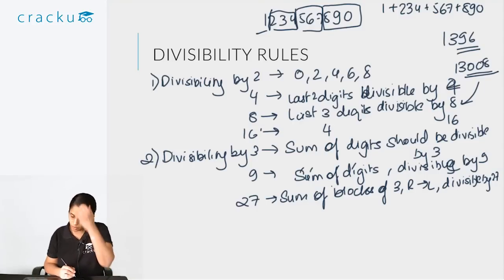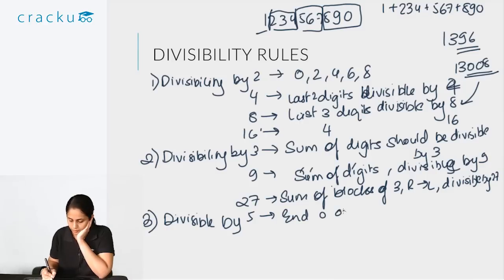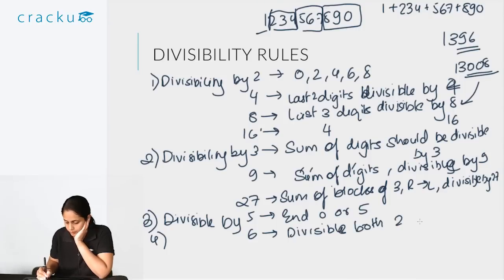Now let's say next is divisibility by 5. For a number to be divisible by 5, it should end in 0 or 5. For a number to be divisible by 6, it should be divisible by both 2 and 3.